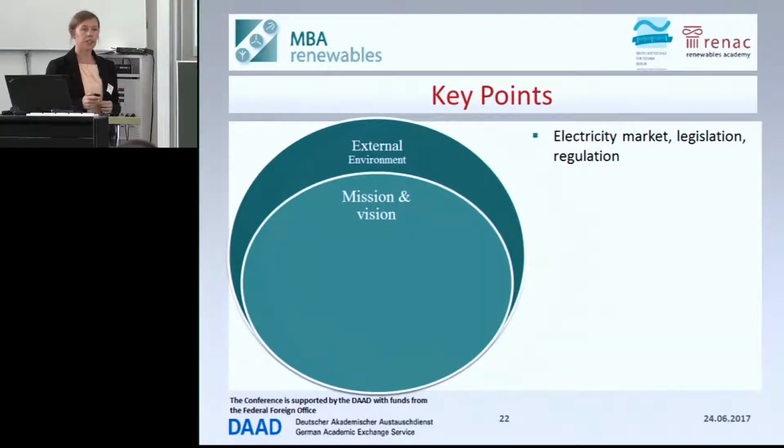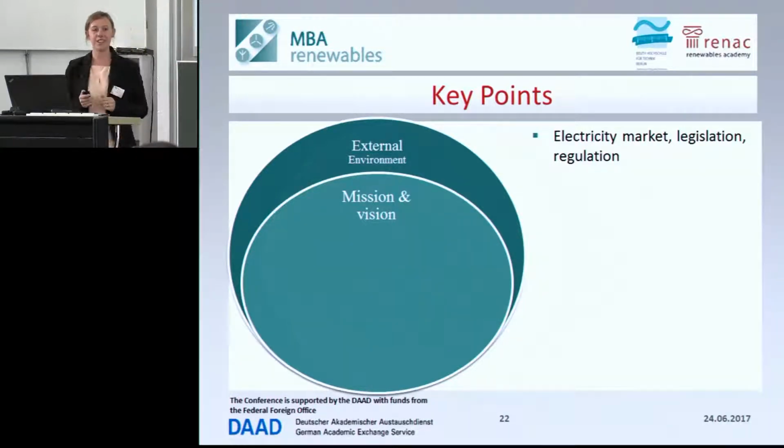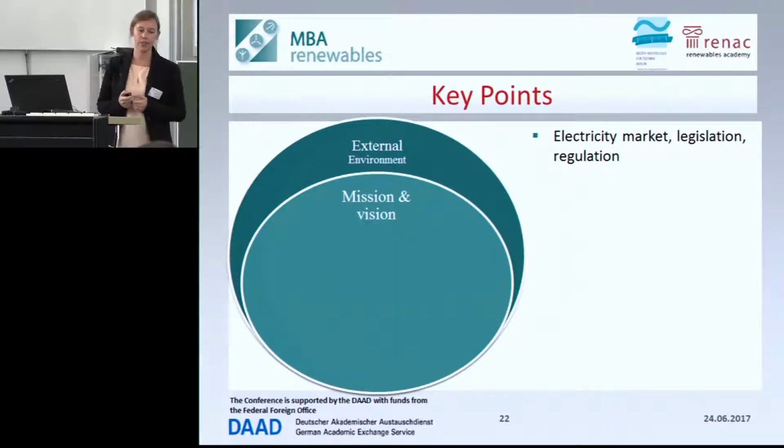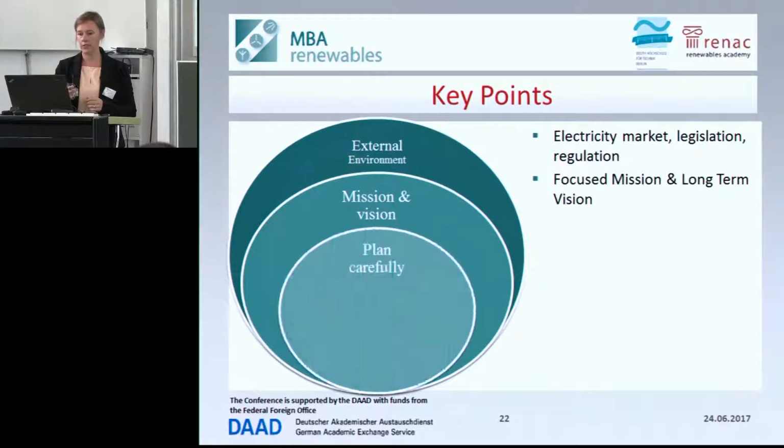The second aspect is to have, since the beginning, a long-term mission and focused vision, knowing where to go. And like our friend Fadi said the first night of our conference, if you set a goal, you're more likely to reach it than not to have one. So it's very important to set a mission and vision.